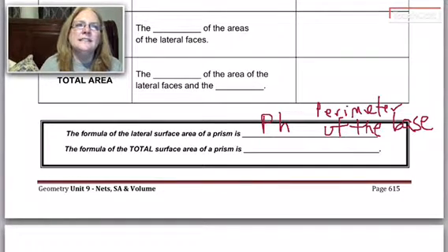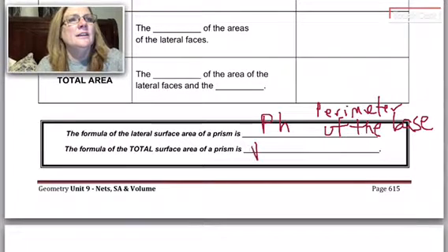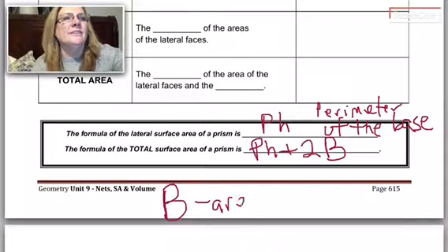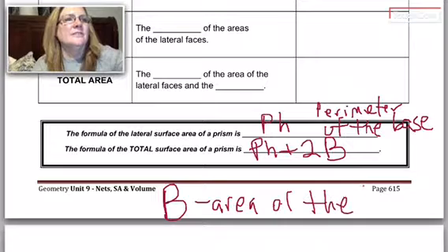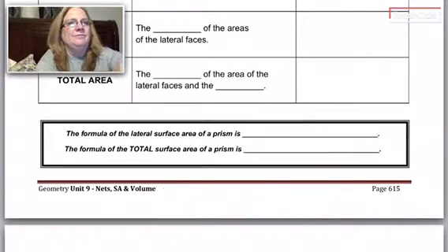And again, the height is not part of the base. The formula for total surface area is PH plus 2 times a capital B. So a capital B is very important. A capital B stands for area of the base. So it's important that you use a capital B because it means area.